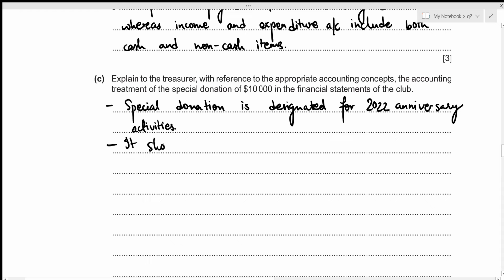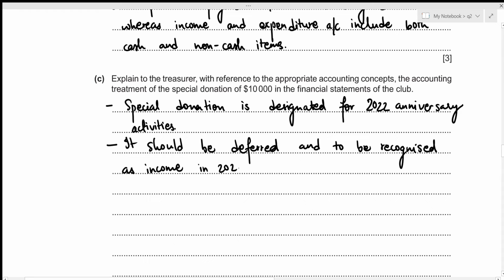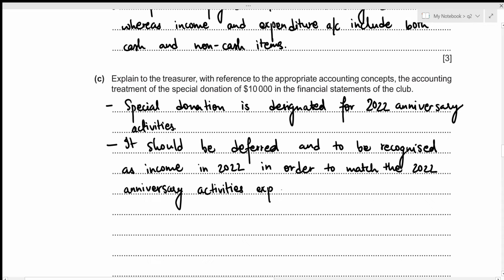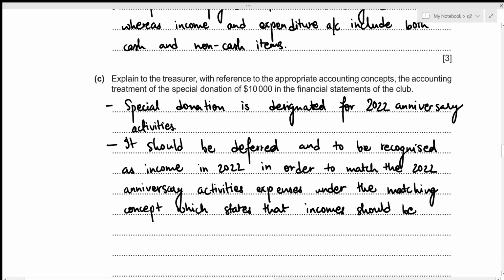It should be deferred and to be recognized as income in 2022 in order to match the 2022 anniversary activities expenses under the matching concept, which states that income should be matched with expenses.